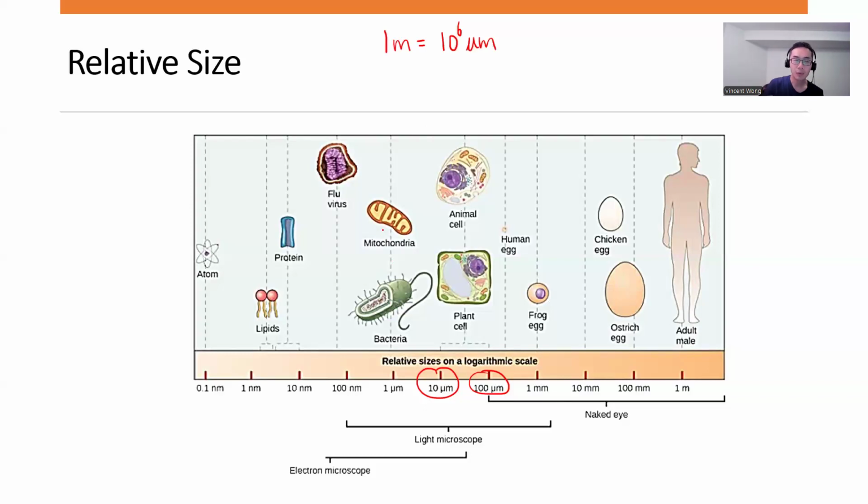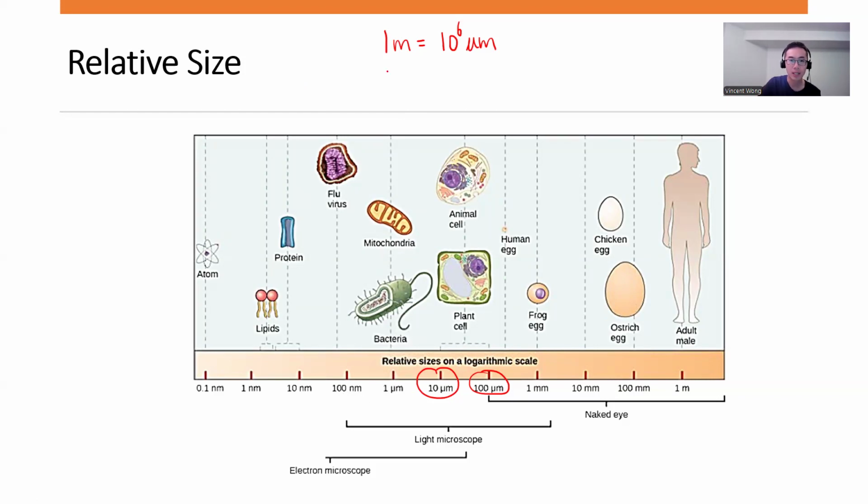And then if we look inside the cell, there are many structures which we call organelles. Right? So a mitochondria is an example of an organelle, and those are about 1 micrometer, similar size to bacteria. And if we go even smaller on the scale, things like viruses, they are measured in nanometers.